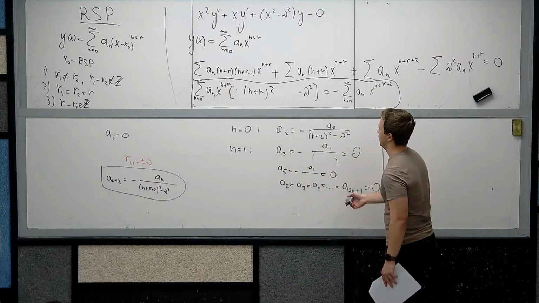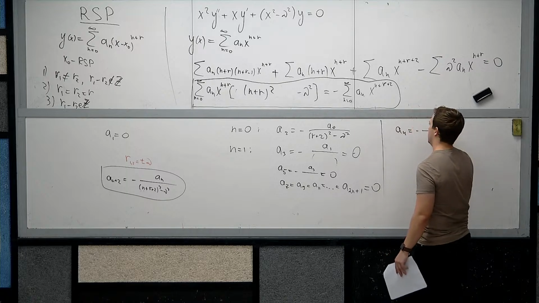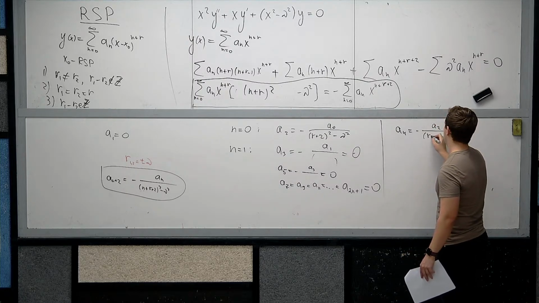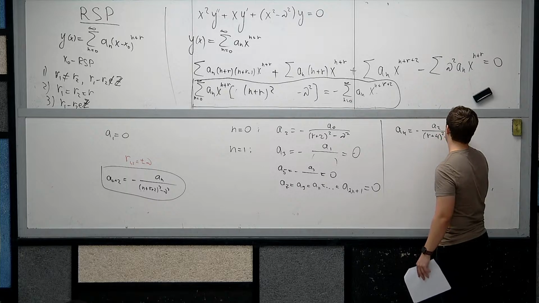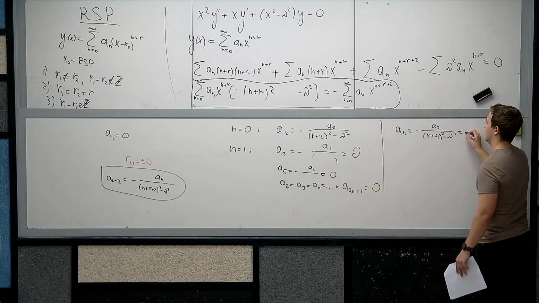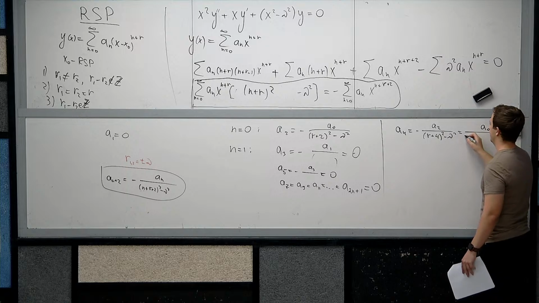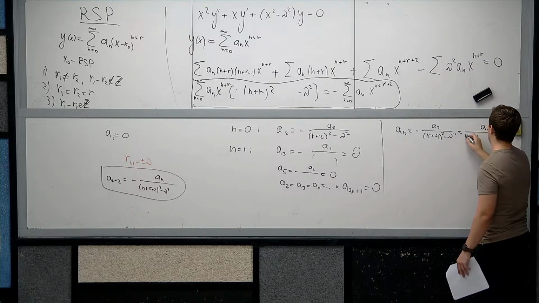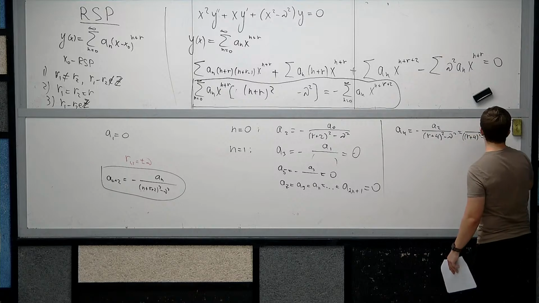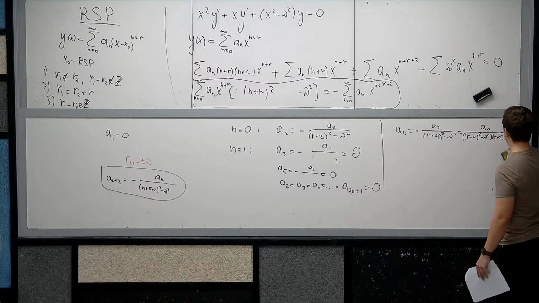But let's calculate the even coefficients. So a4 is minus a2 divided by r plus 4 squared minus nu squared, and then we can plug in a2, a0, so minus, then r plus 4 squared minus nu squared multiplied by this r plus 2 squared minus nu squared. Okay.